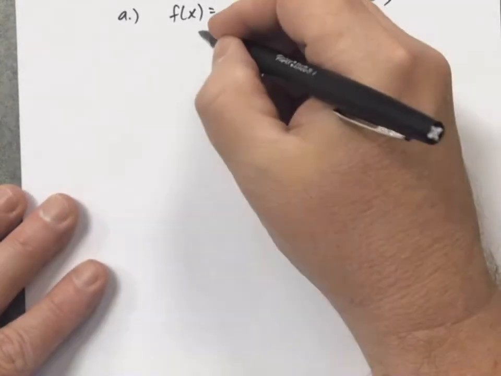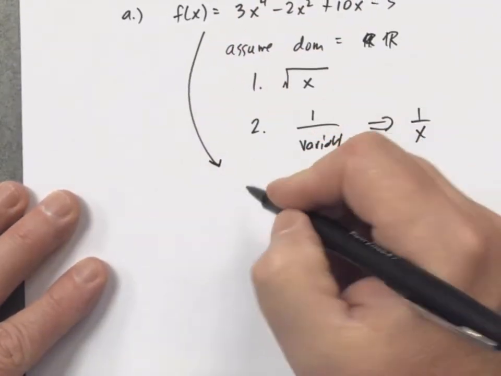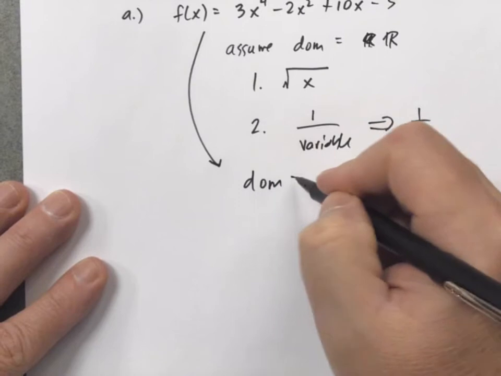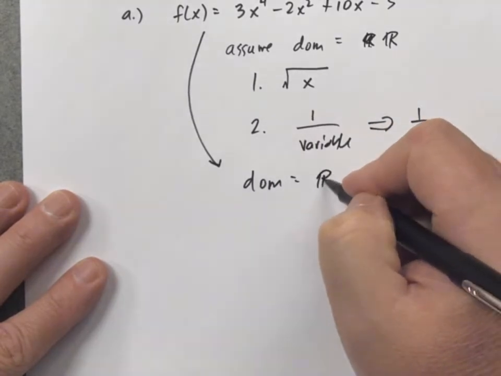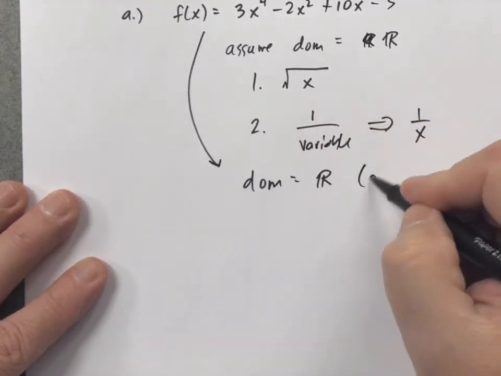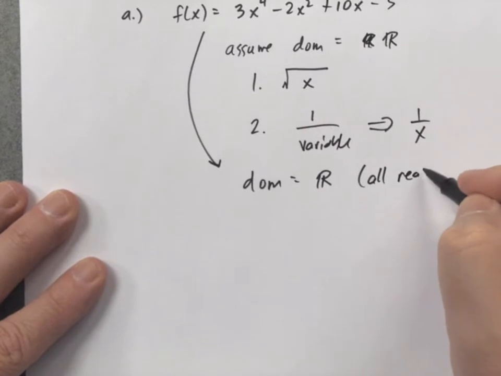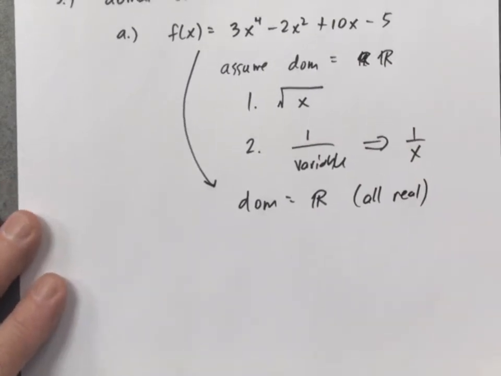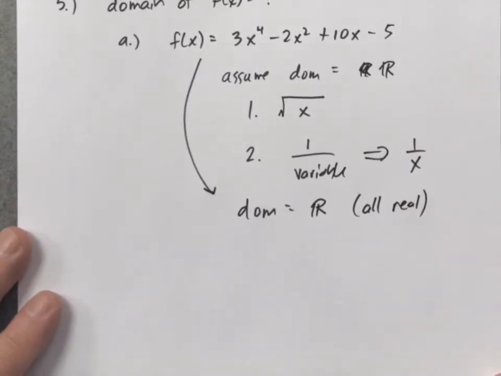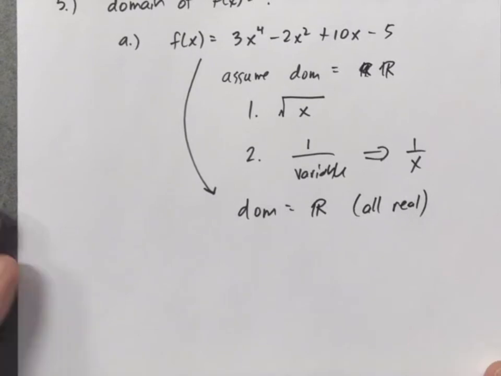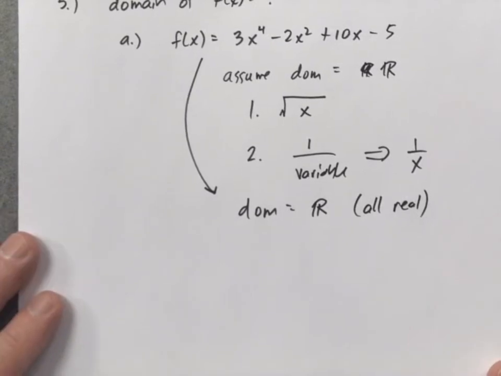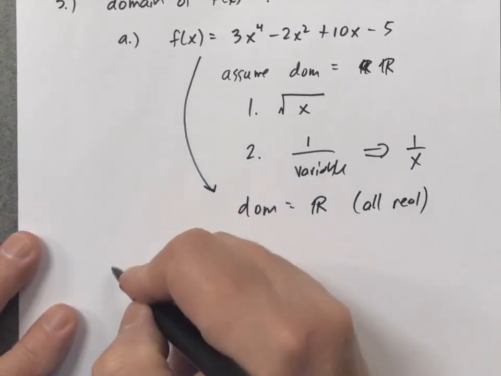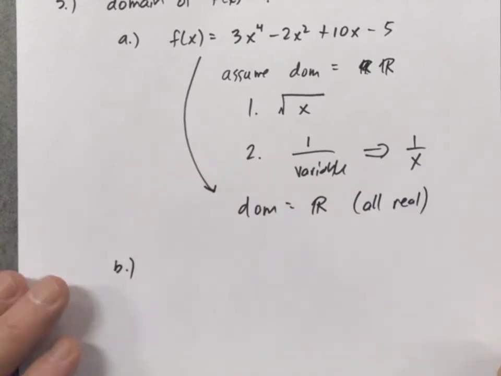So basically, the domain for part A is all real numbers. Means x can be anything. All right, not too hard, right? Let's see what the rest of these problems entail.